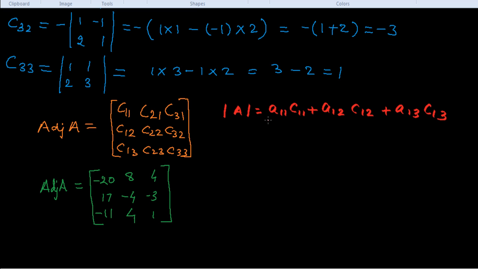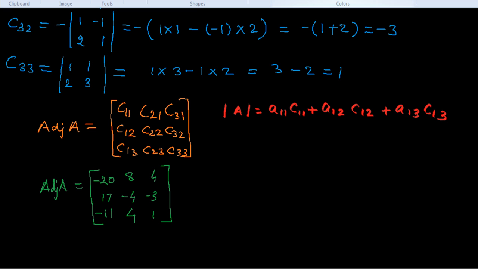The elements with their corresponding cofactors we multiply, of any column or any row, and add all of this, so we get the determinant from any one row or column.